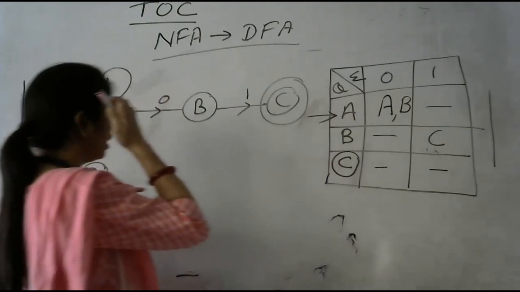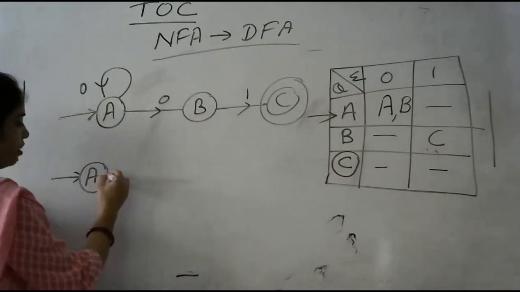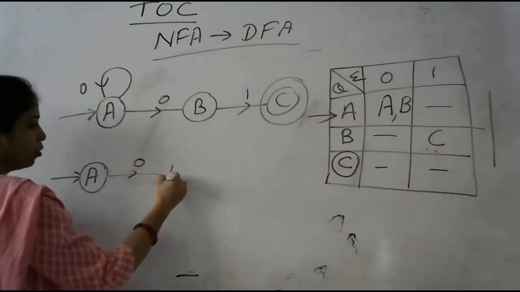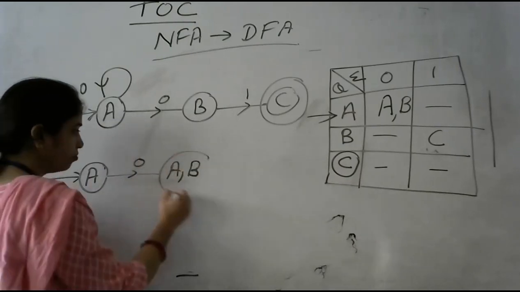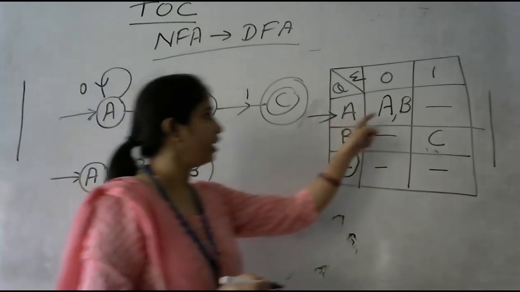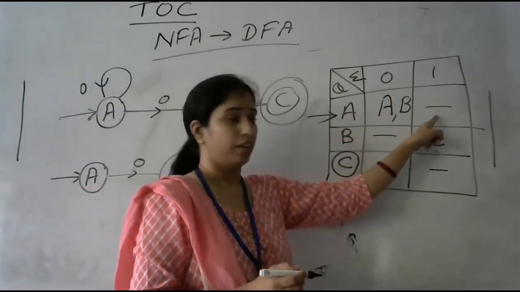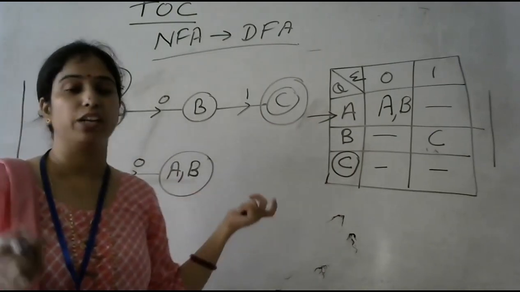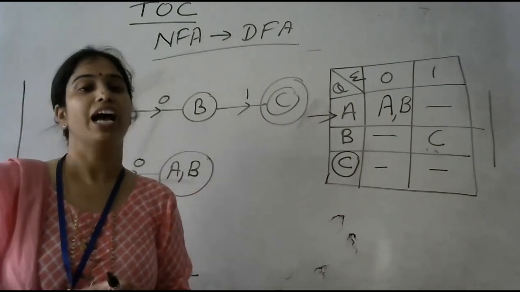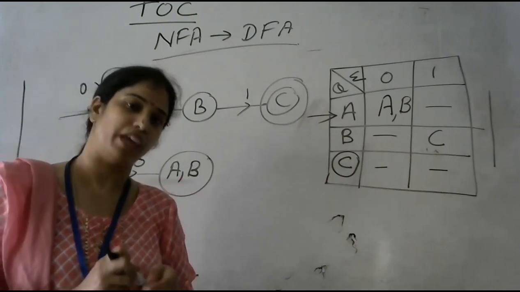A B पे, है ना? So from A we read 0 and go to a state called AB, and we are not reading 1 from A. Now we get a new state called AB. Now we have to read inputs from AB.